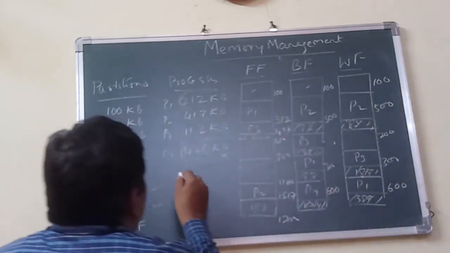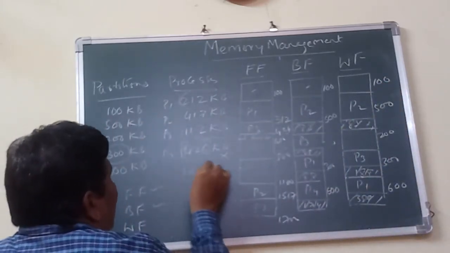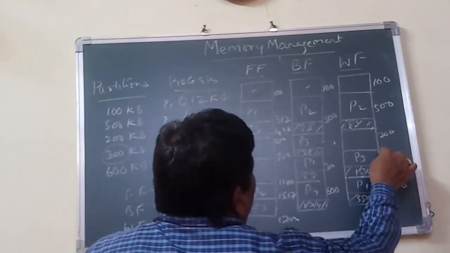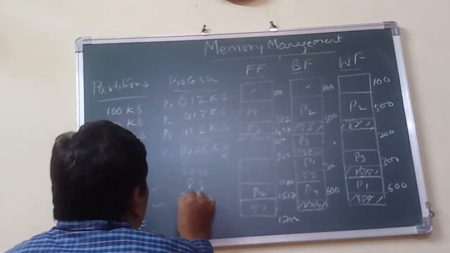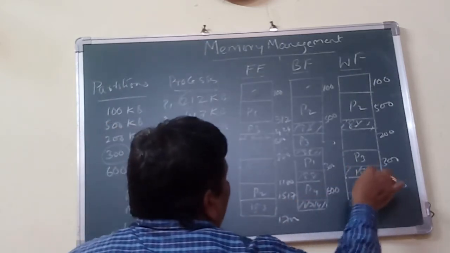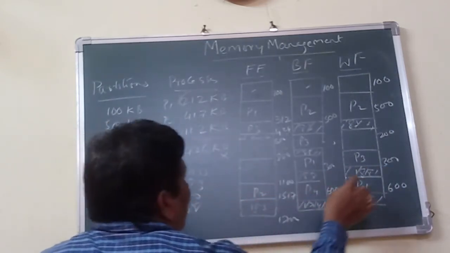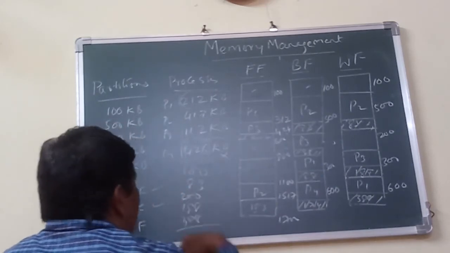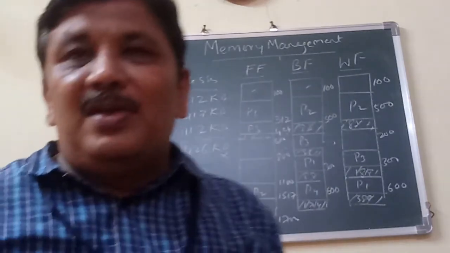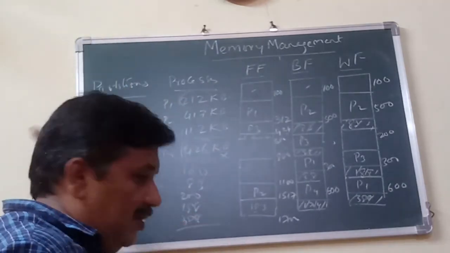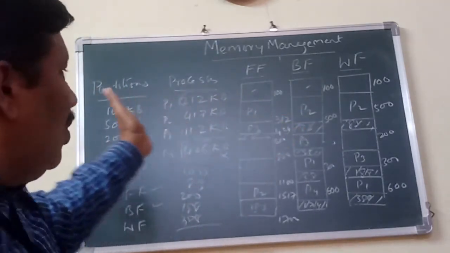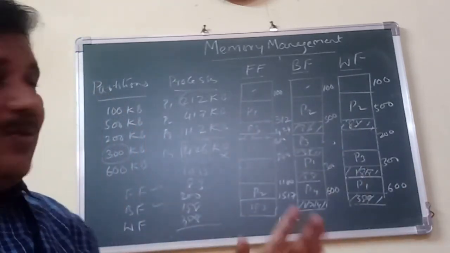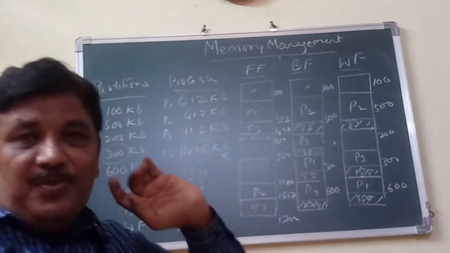If you just calculate, it is 100 plus 83 plus 200 plus 188 plus 388. So you just sum it up, okay, and definitely it will be more or less equal to your first fit, and also we are not in a position to accommodate memory for one process, that is P4, right?